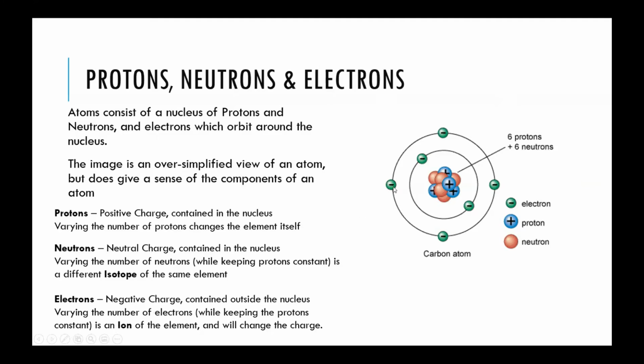Likewise, you could also take an electron away, and now there would be too few electrons to balance out with the positive protons, and the overall atom would have a positive charge. These atoms with differing numbers of electrons are called ions, and those will also be touched on in a little bit.